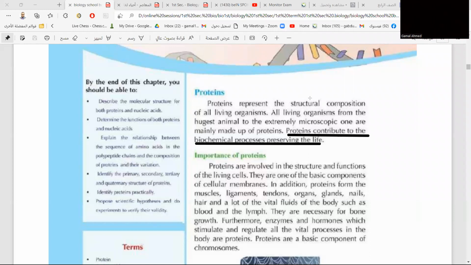You have to know, for example, most hormones are made of proteins, and most enzymes are made of protein, and muscles in our body are made of protein.